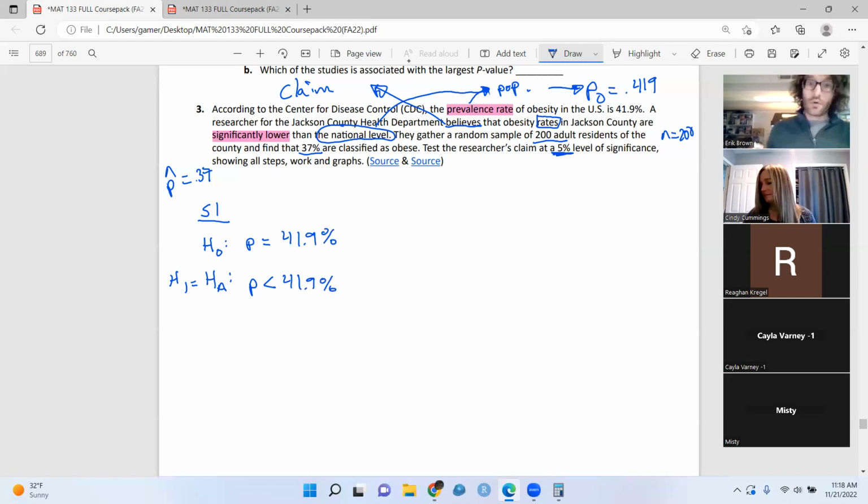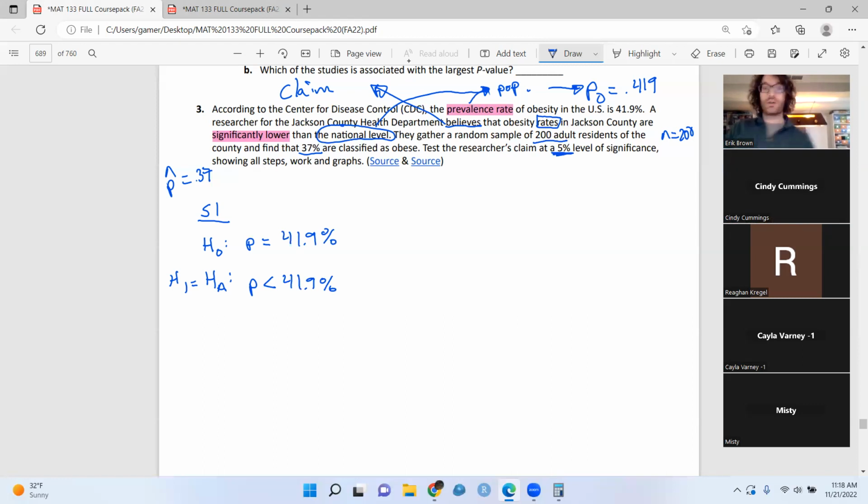So you can have 41.9% or you can have 0.419. Either way, just know that when you type it into StatCrunch, it needs to be decimal. So I'm going to go ahead and write it here as decimal, just because that's what StatCrunch is going to want. But Kayla, you were not wrong to write it as a percentage. I would not count that off.